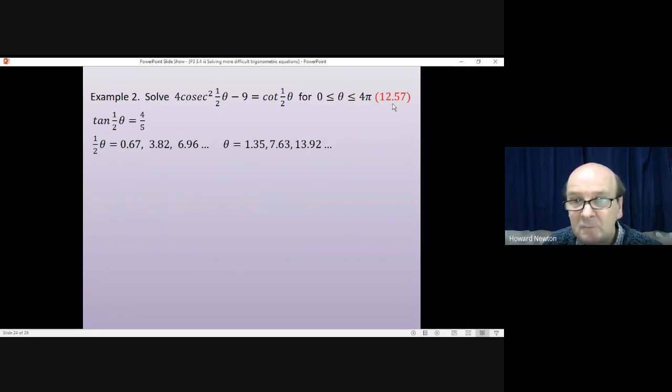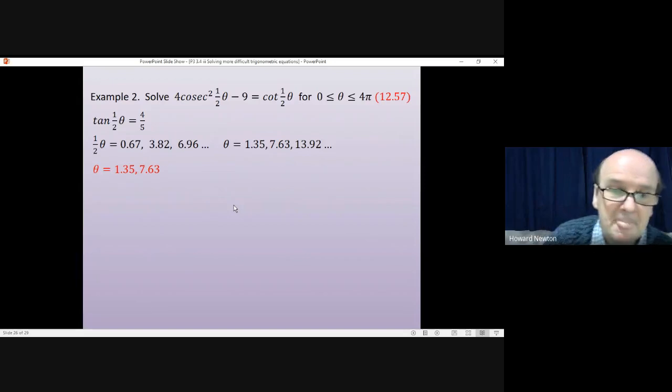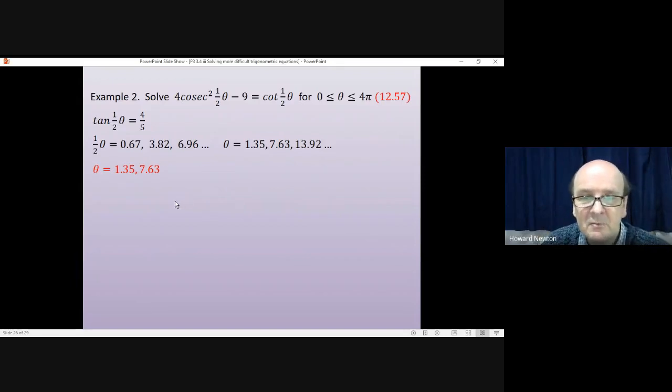That means I know I've gone far enough. I'm not going to need this 13.92, and I don't need to go to any of the earlier ones because they'll all be negative, and I don't want any negative solutions. Theta has to be greater than 0. So this solution will get discarded, and all I will need is the other two. Theta could be 1.35 or 7.63 radians.